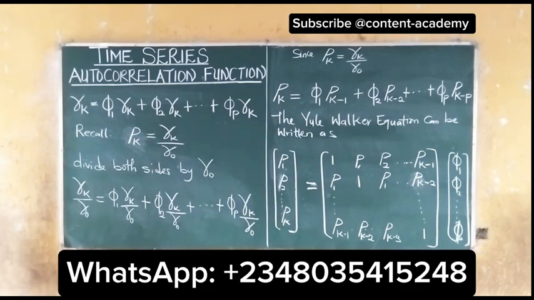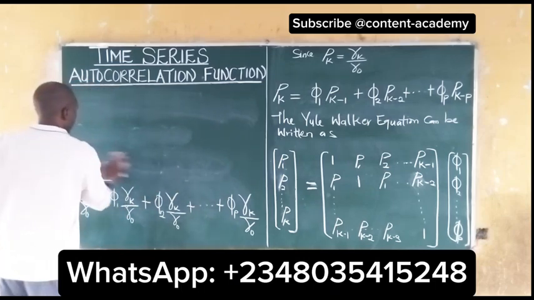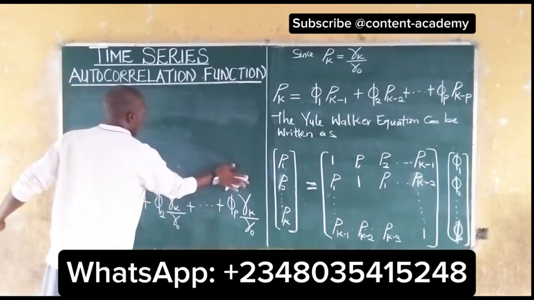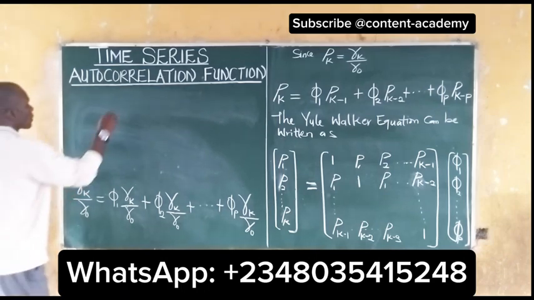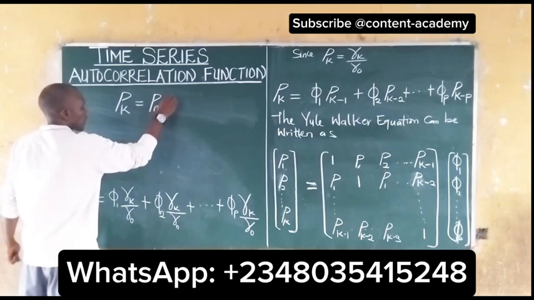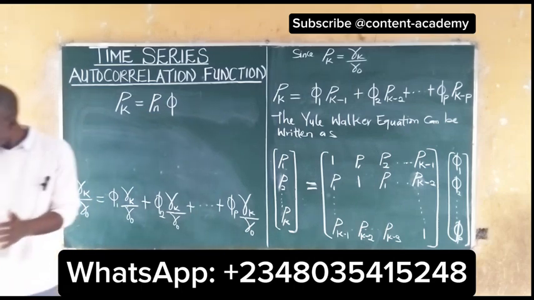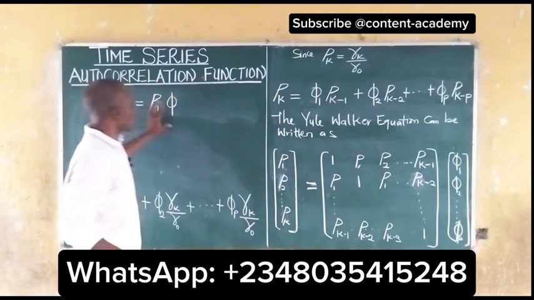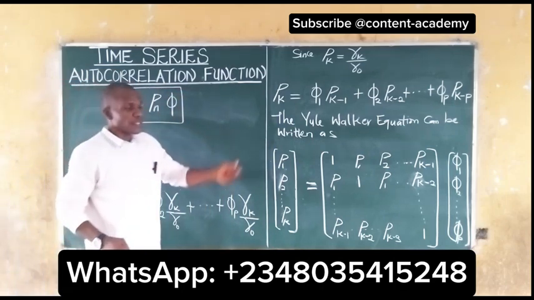Now we can also write it as rho equal to P phi. So this is exactly what we got from our Yule-Walker equation.